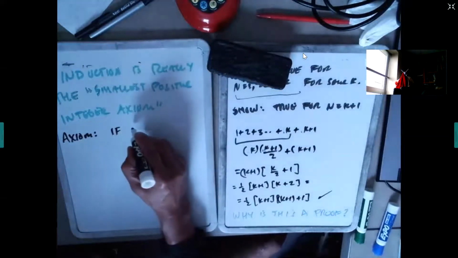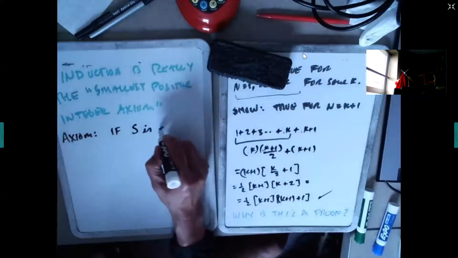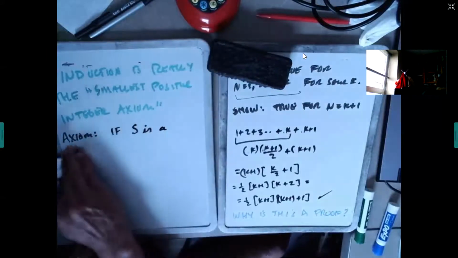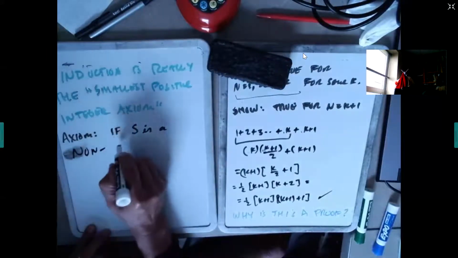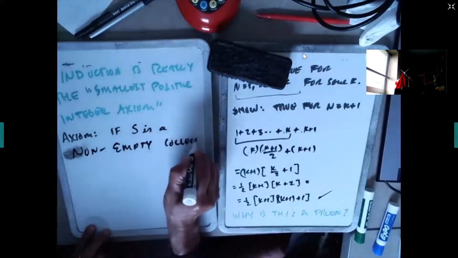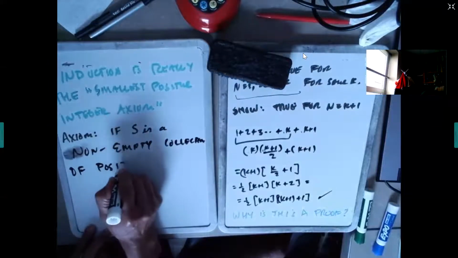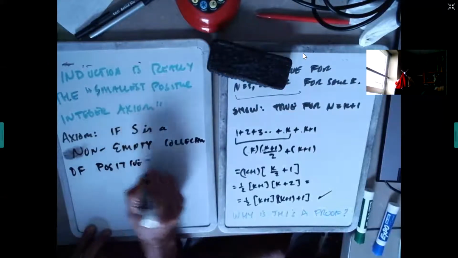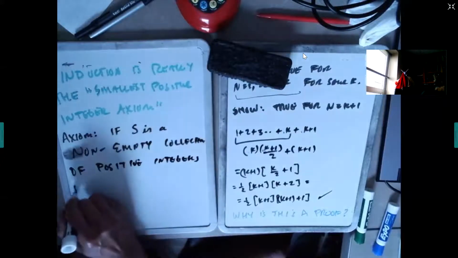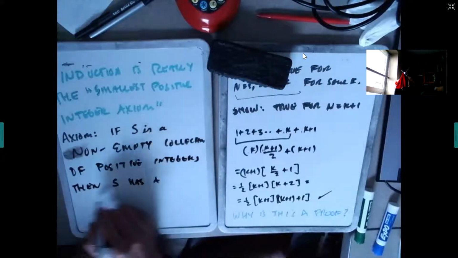Now, what the smallest positive integer axiom means, and it's an axiom, is that if S is a non-empty collection of positive integers, then S has a smallest element.